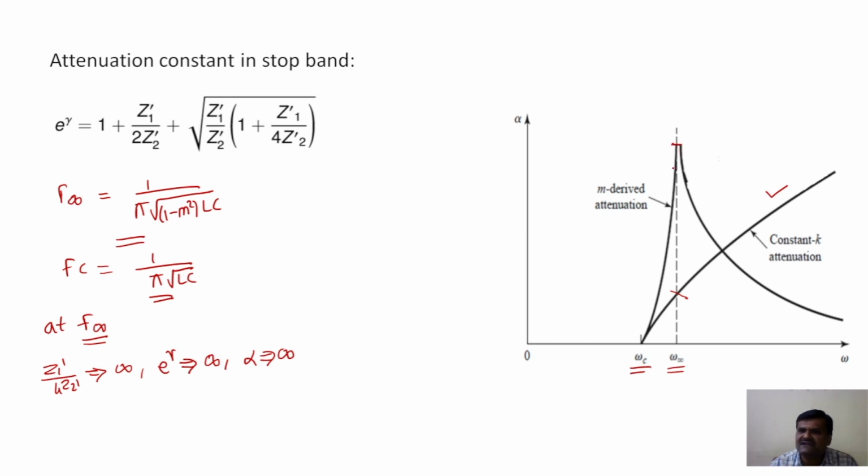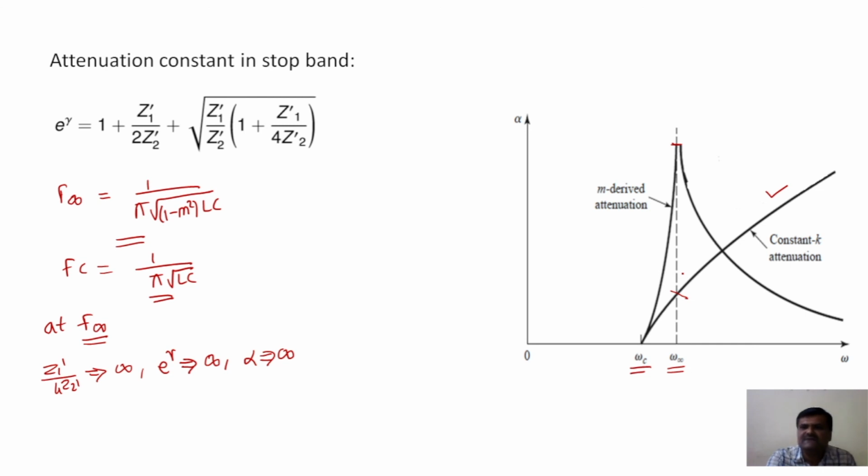If you compare the roll-off of the attenuation constant, the m-derived filter has a sharp attenuation constant. Because of that, the m-derived filter stop band has a maximum attenuation than the constant K filter. So this is the first limitation overcome by the m-derived filter.